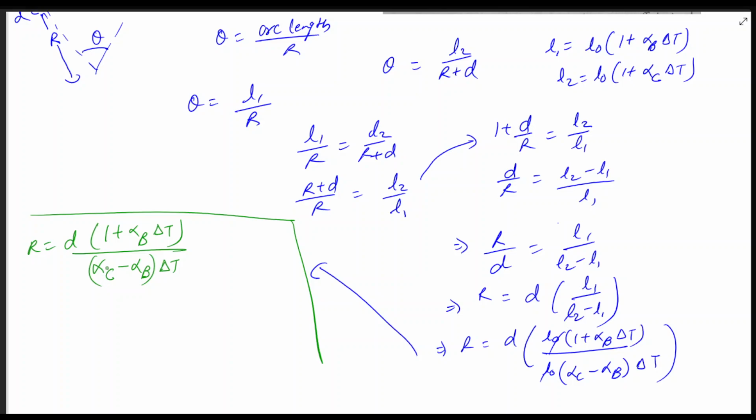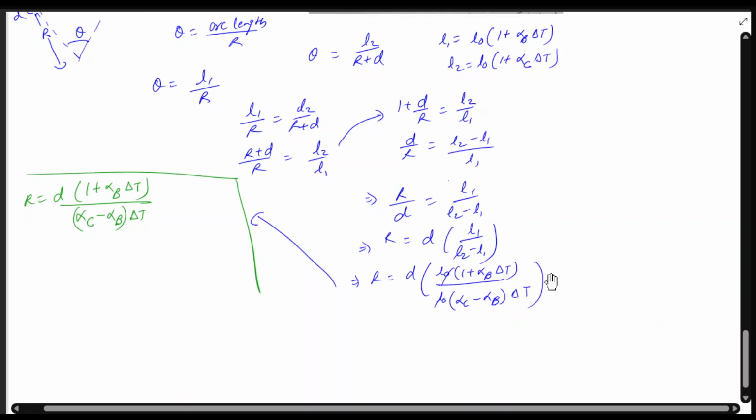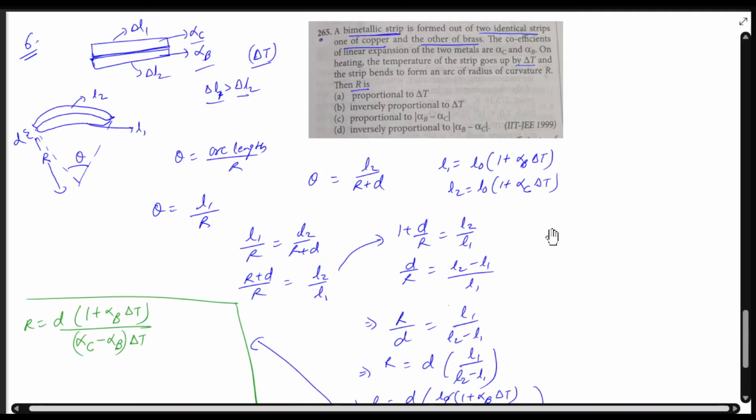Now, we could have taken some approximation here. The situation will be slightly different if we take some approximation. In this question, it is directly asking whether R is proportional to delta T, inversely proportional to delta T, proportional to alpha, beta.